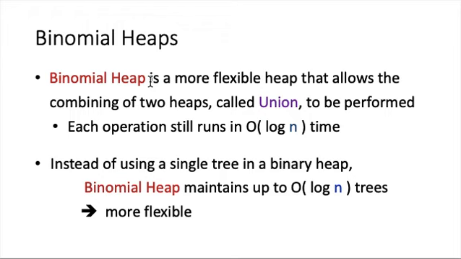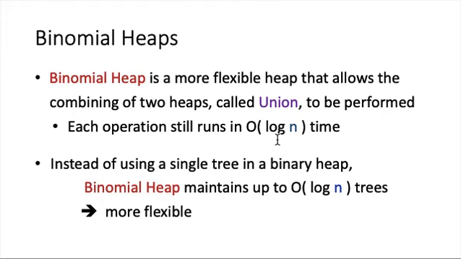This binomial heap is a more flexible structure which allows the combining of two heaps. This operation, we usually call the union operation. With the binomial heap, insert, extract min, decrease key, and this union operation can all be supported in order of log n time.